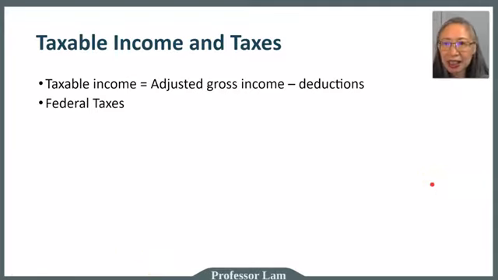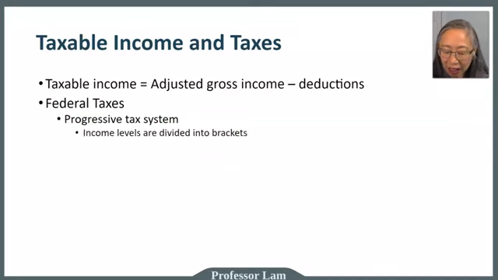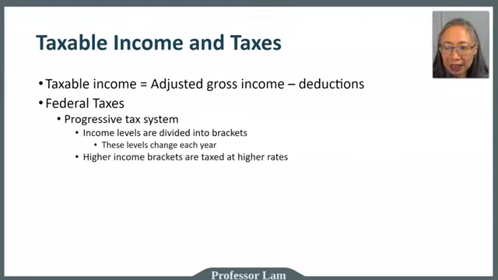Your taxable income is the amount of income that will be taxed. In the United States, the federal tax is considered a progressive tax system. What that means is that the incomes are divided into different tax brackets, and you need to note that the tax bracket level changes every year. The most important idea here is that the higher income bracket will be taxed at a higher rate.